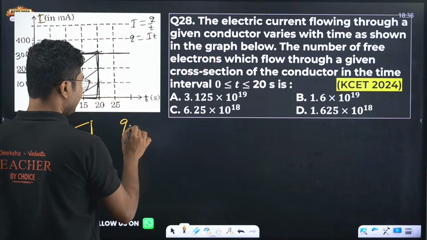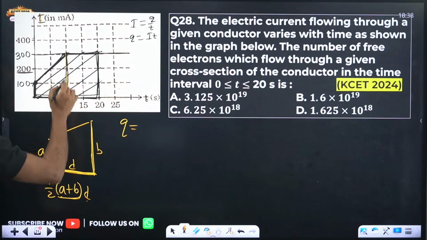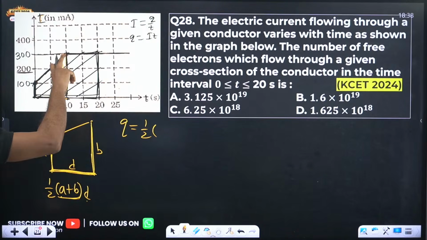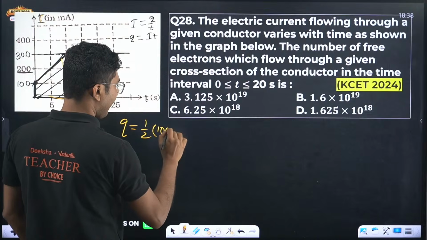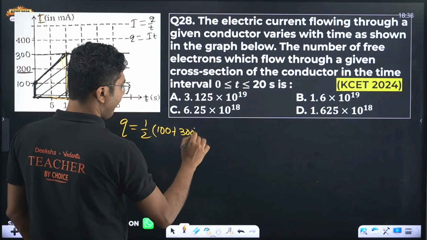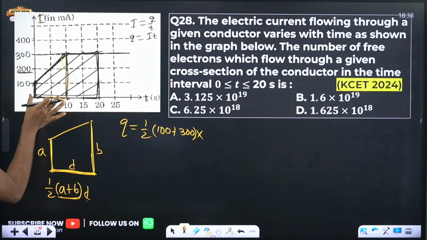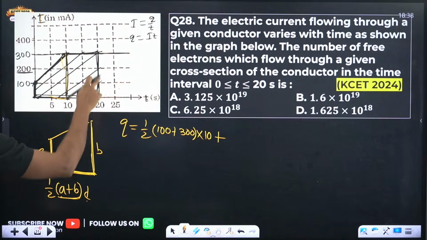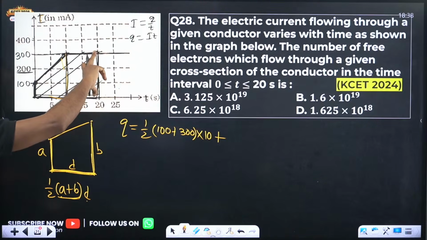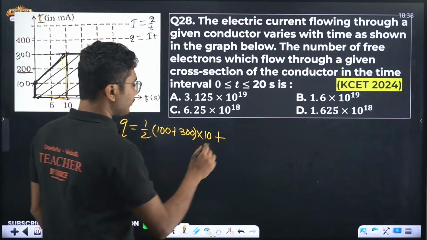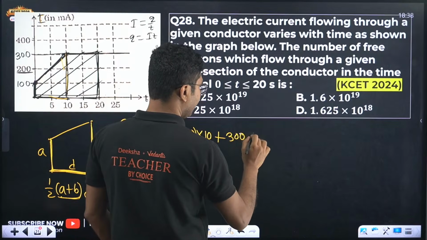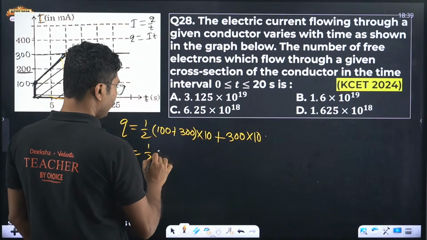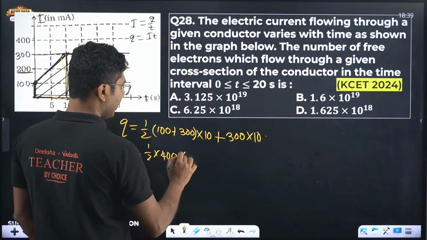So charge is given by, first this area is half into 100 plus 300 into the distance between them, which is 10, plus this is a rectangle side is 300 into 10. So this will be 300 into 10.